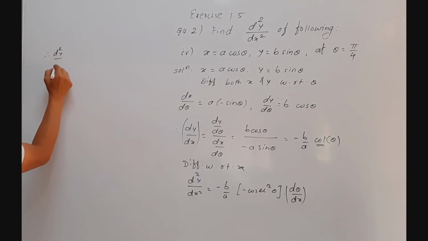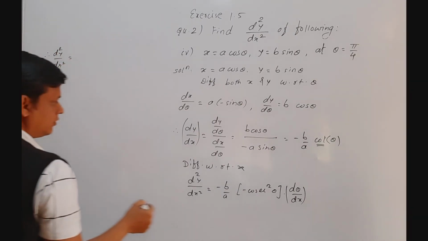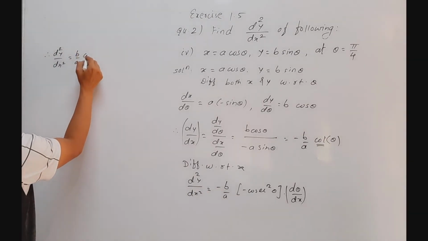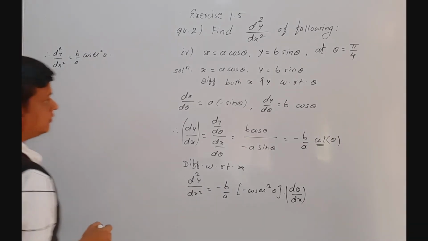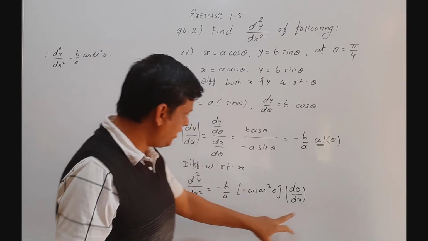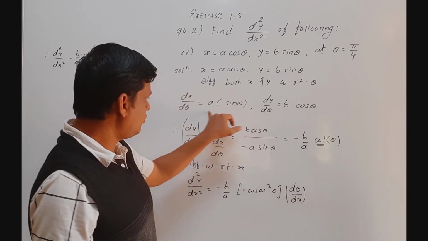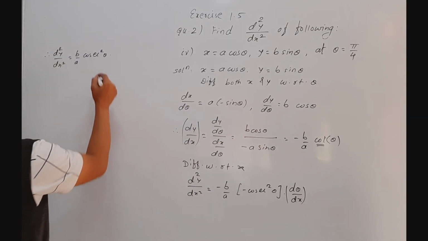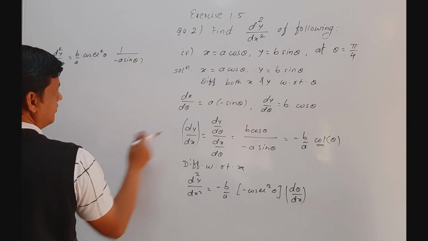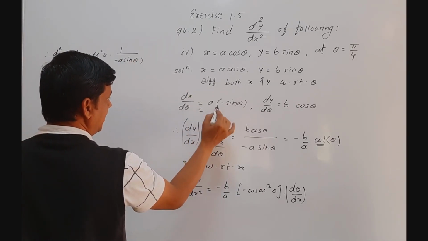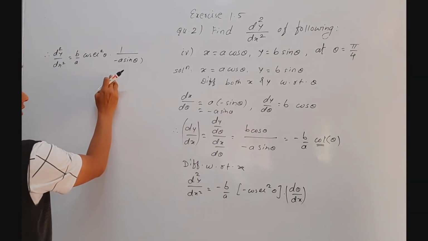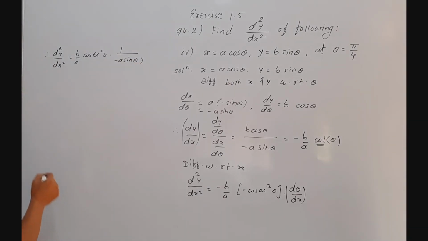Therefore d2y by dx2 is equal to, so this minus minus gets plus, so we write b by a cosec square theta into, we have the value of dx by d theta, and we substitute d theta by dx, that means we have to take the reciprocal of this, so write here 1 upon minus a sin theta, because we write dx by d theta after calculating as minus a sin theta, so write here d theta by dx as 1 upon minus a sin theta.